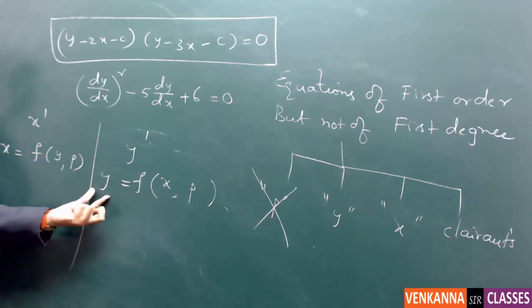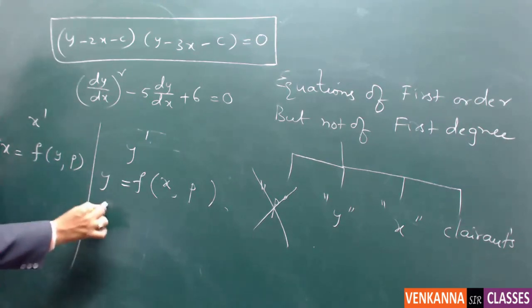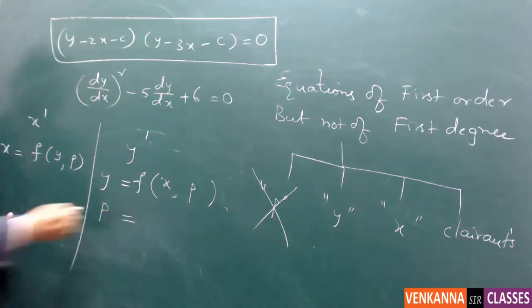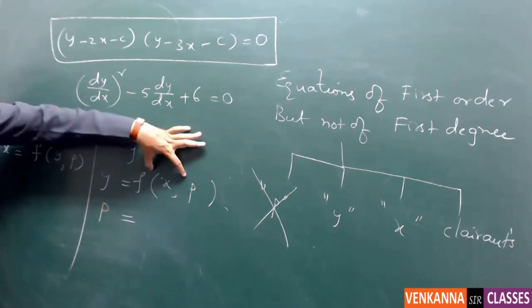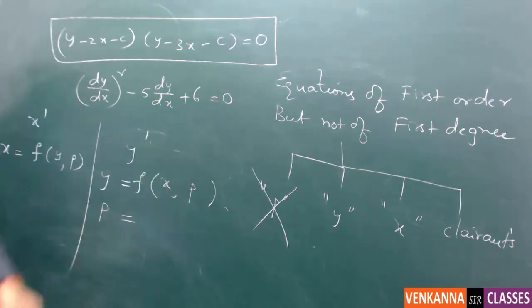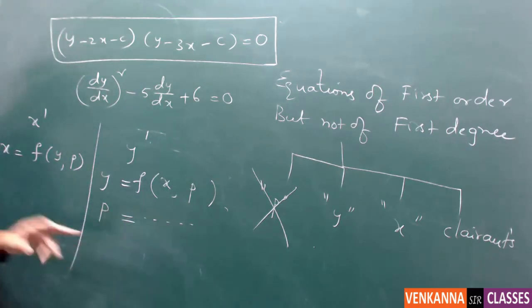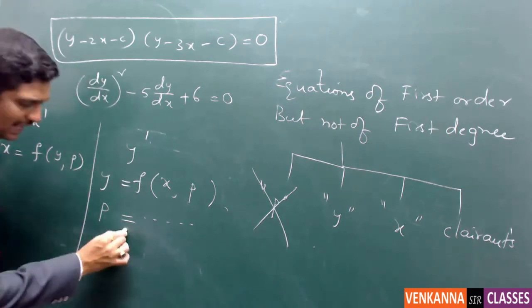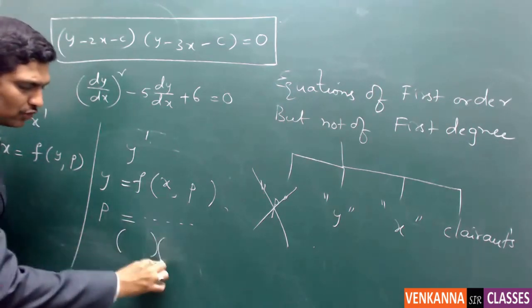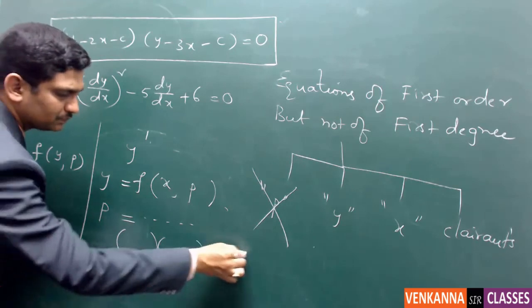So on the left side, what will come? dy by dx, nothing but p, is equal to, on doing differentiation, the respective terms. So this entire expression will be written as a product of two things equal to 0.